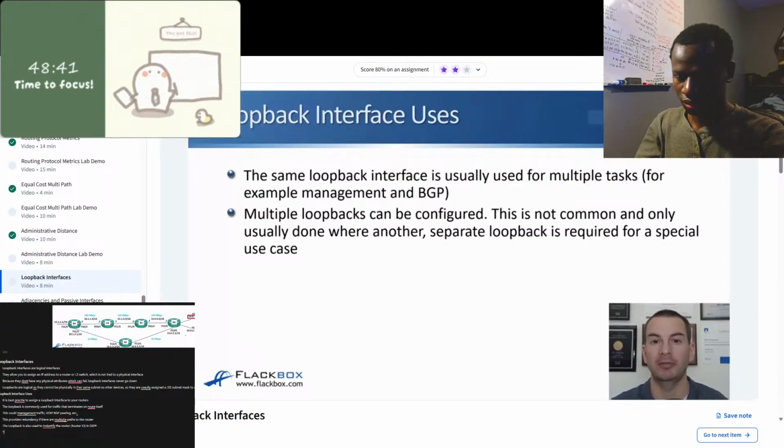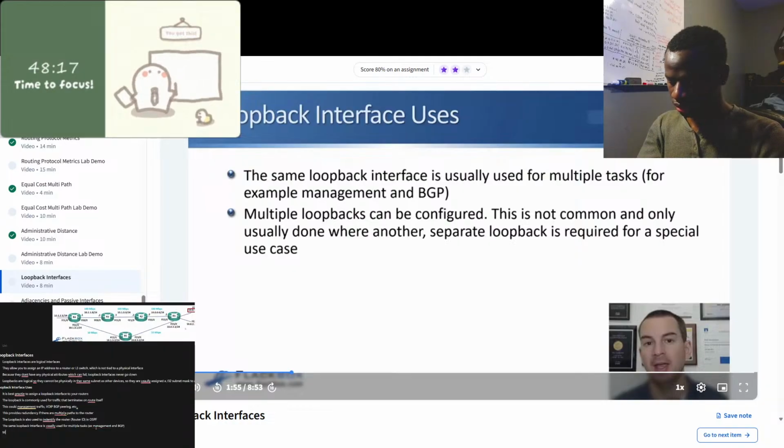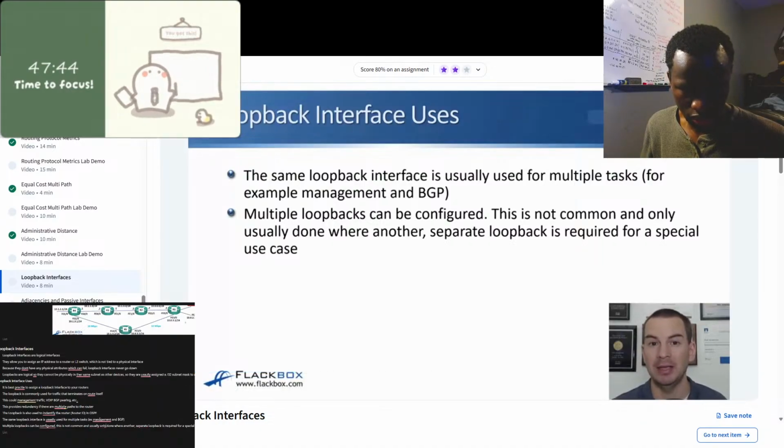For example, if you need to send traffic to the router for management, and for BGP, we'll usually just have one loopback interface and use the same IP address for everything.